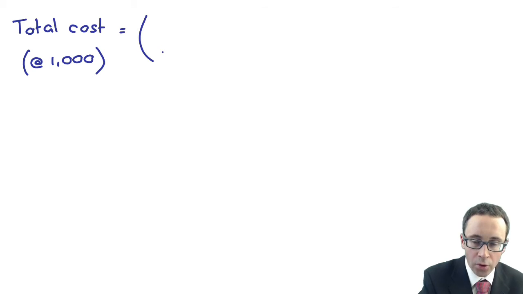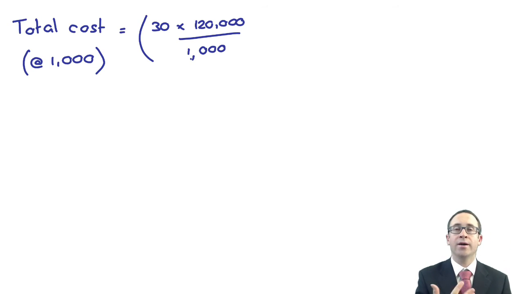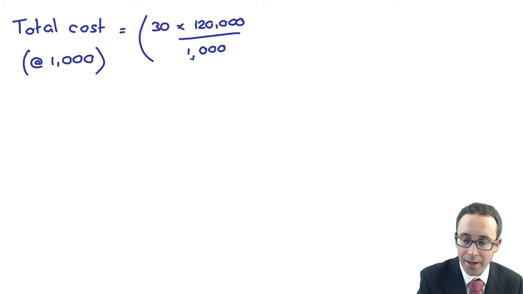So your ordering costs are $30 per order. We still have your annual demand of 120,000, but don't forget that instead of making each order based upon your economic order quantity, we're now going to base it on the 1,000, aren't we?